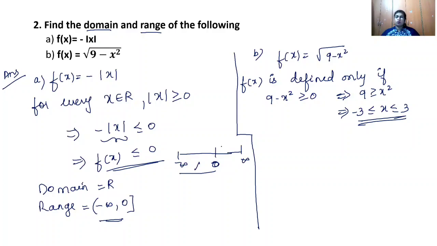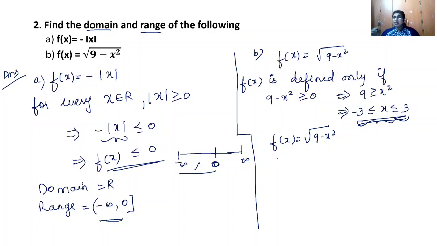Now what remains is how to find the range. Range will depend on the domain. We have f of x equal to root of 9 minus x square. For any value you take between minus 3 and plus 3, what are you going to get? Suppose you take 3 or minus 3, you get a 0. Otherwise you get a positive number, so here you are getting 0 to 3. How do we write that?